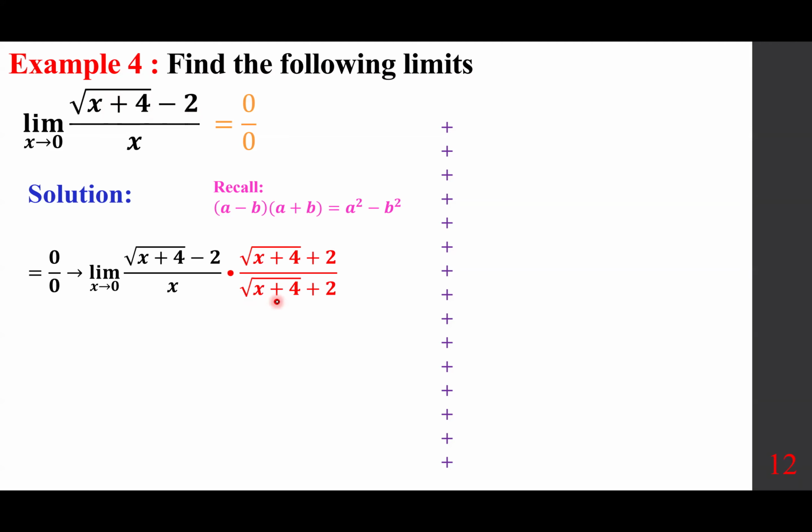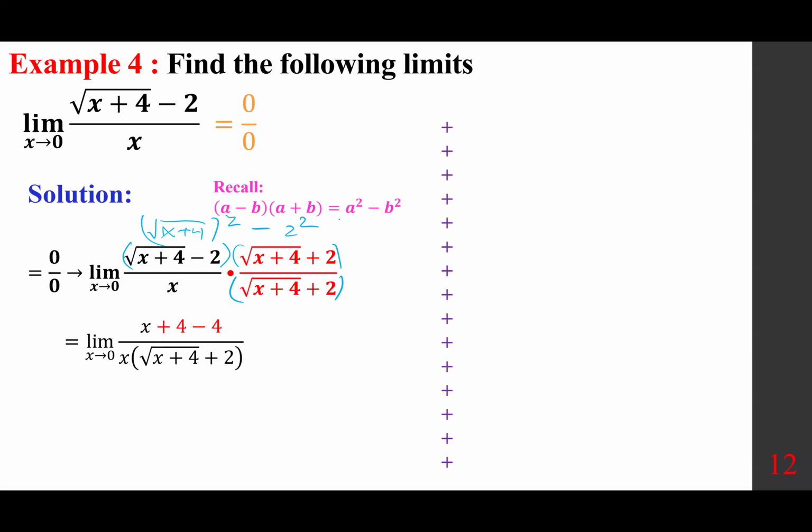Now, when you get 0 over 0, it is the 0 in the denominator that we should get rid of. And this is the problem, which means you never distribute. You keep it as such. You just multiply these two, a squared, square root of x plus 4 quantity squared minus b squared.